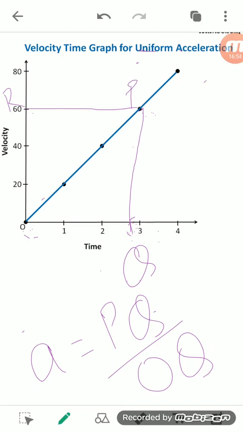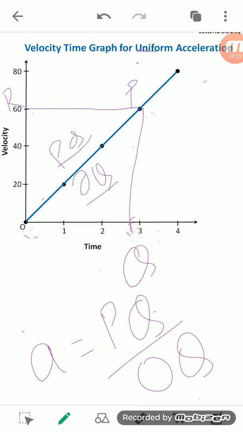Okay, so this PQ upon OQ is also what? It is the slope or the gradient of the speed time graph.